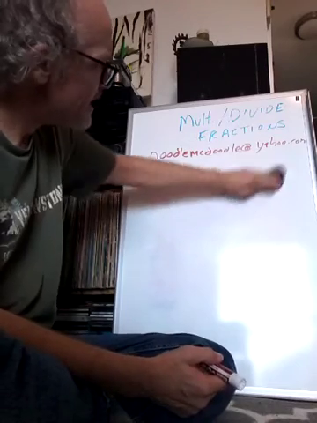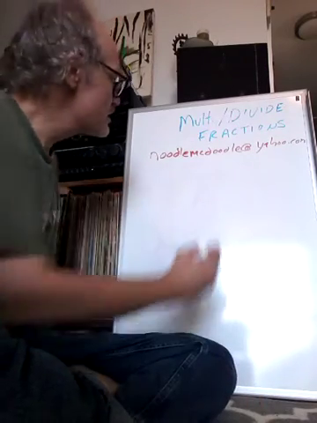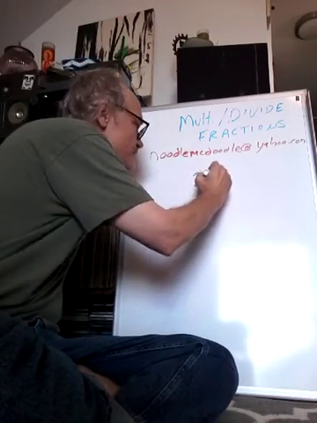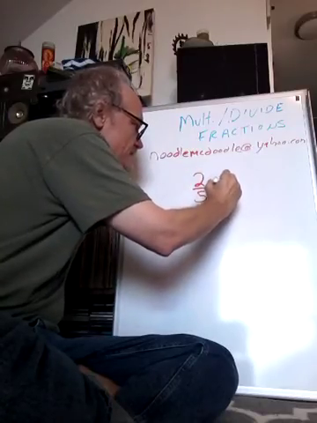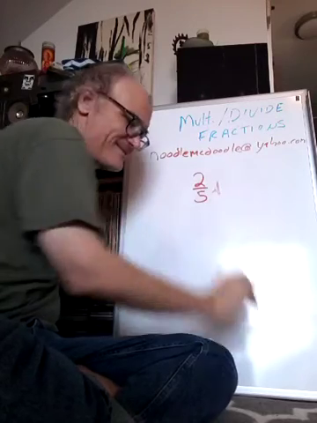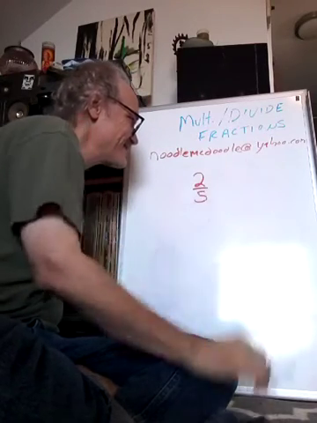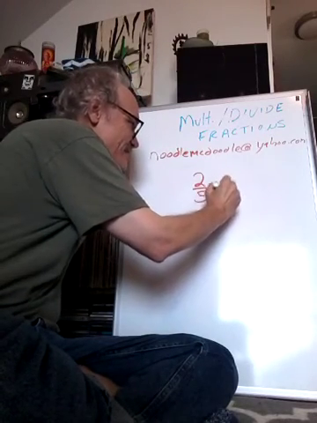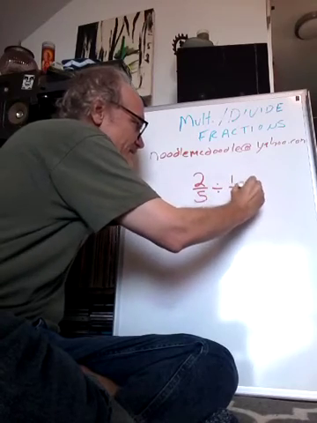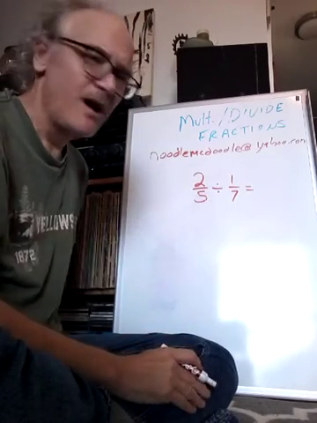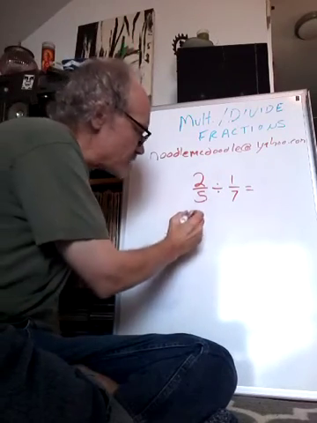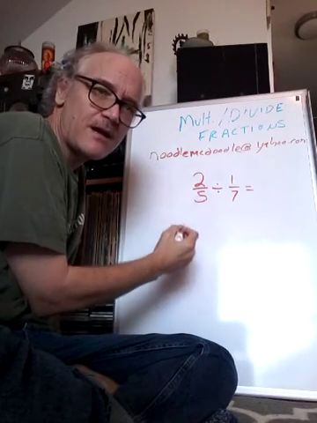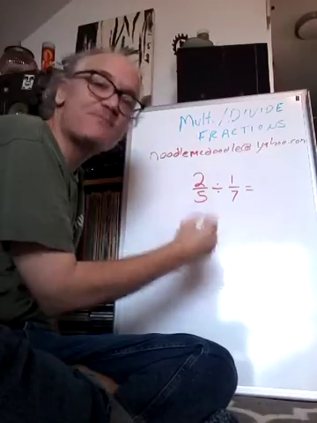Let's say we have 2/5 divided by 1/7, right? What do we do? Okay, here's the procedure. It's called keep, change, flip.